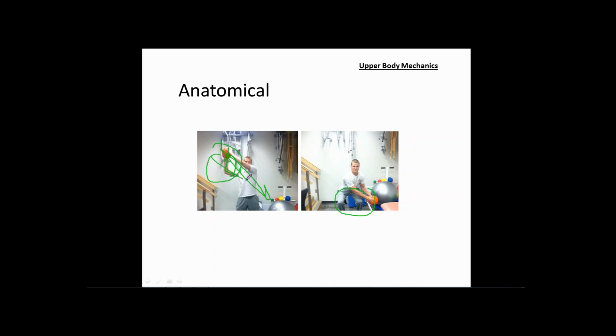As the arm comes across the body diagonally, we will get elbow extension combined with internal rotation, and those two motions will be combined with supination, pronation. So in this case, we're getting our supination, and as we move diagonally downward, we're going to add pronation.